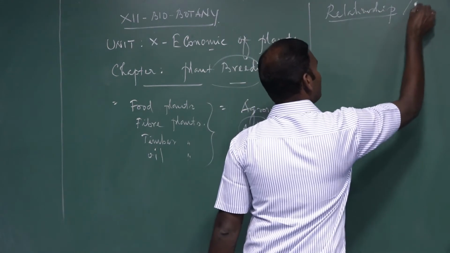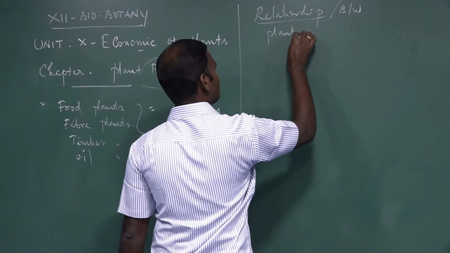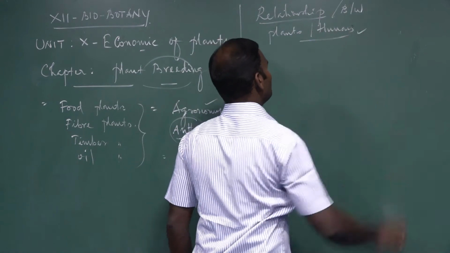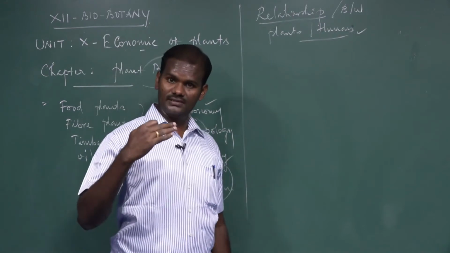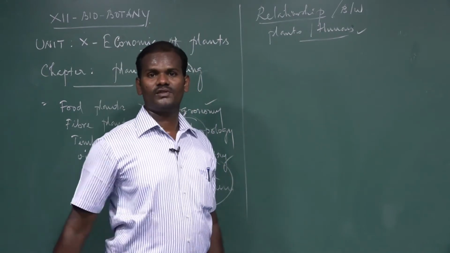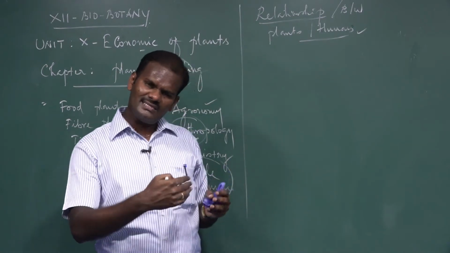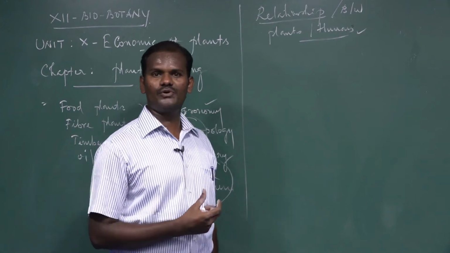The relationship between plants and humans: as I already pointed out, our basic needs are fulfilled by plants. Our life is inseparable from plants nowadays because they are the producers.